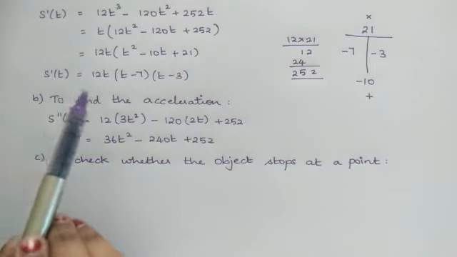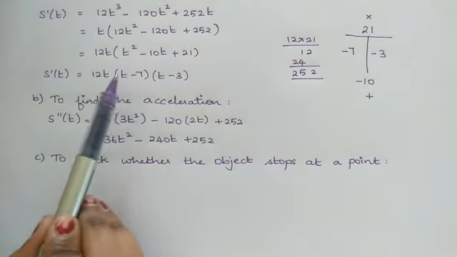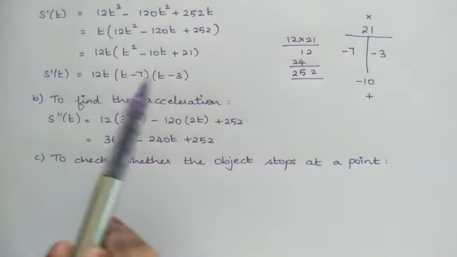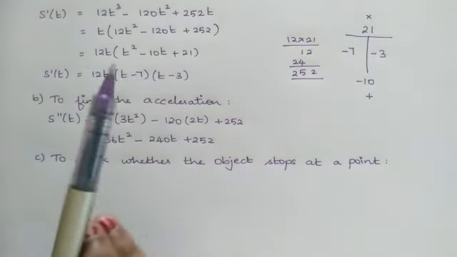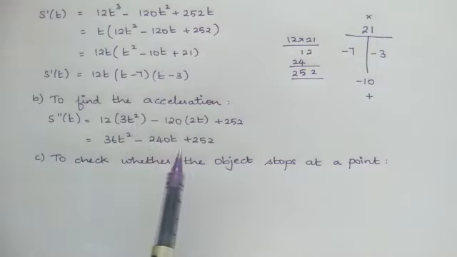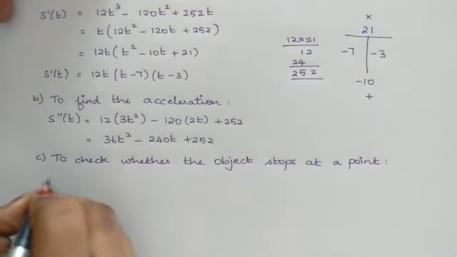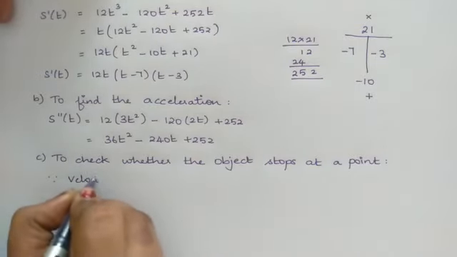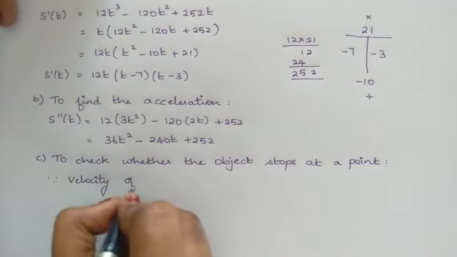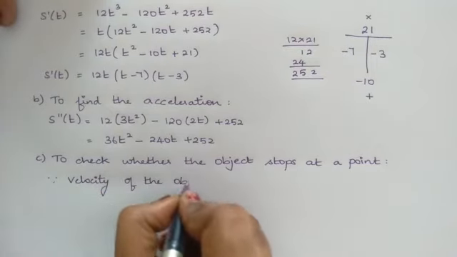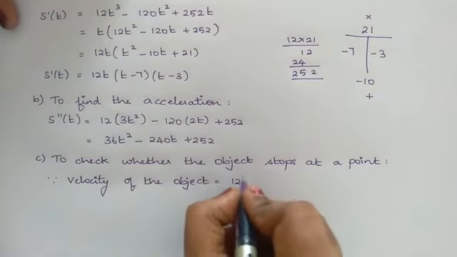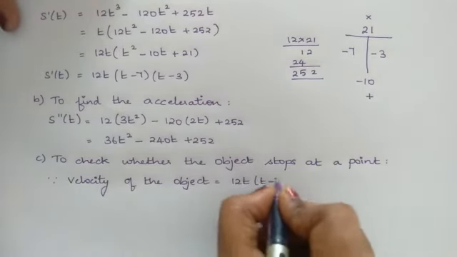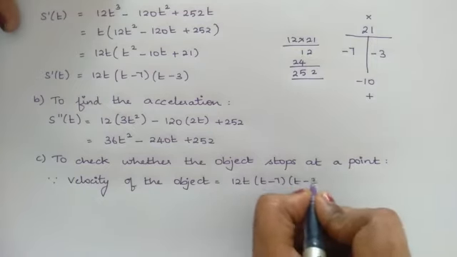So that thing only we are going to do here. The velocity of the object we know. We are going to find out when the velocity becomes 0. Wherever the velocity becomes 0, there the object is going to be in the still position. That is, it's not going to move. So since the velocity of the object is equal to, let's take the final statement, 12t into t minus 7 into t minus 3.